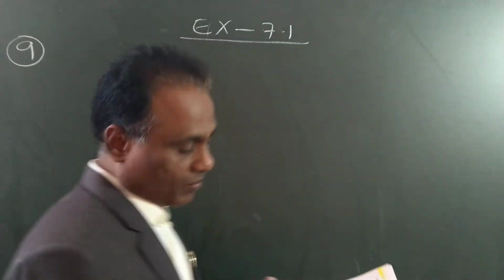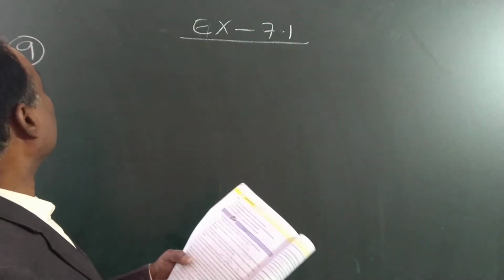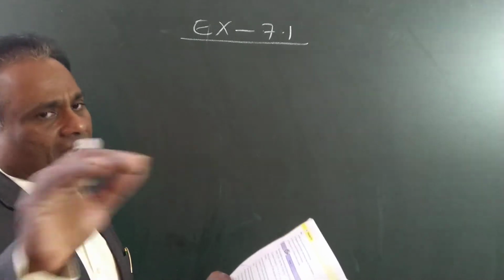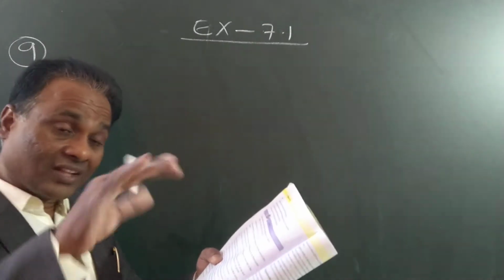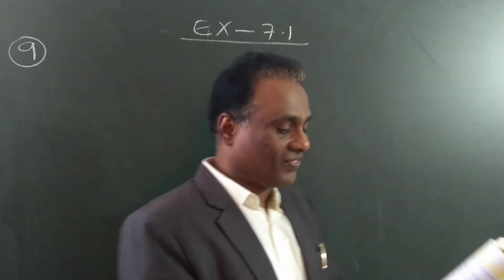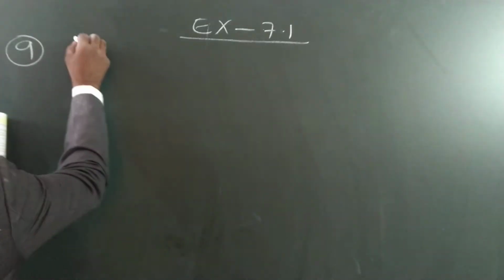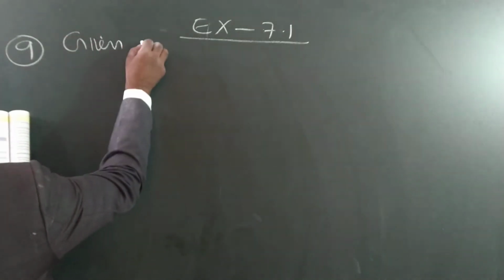So based on that formula, yesterday we started the 9th question and we did it. But the 9th question is in 2 parts. See, I am writing the given data. See here students.